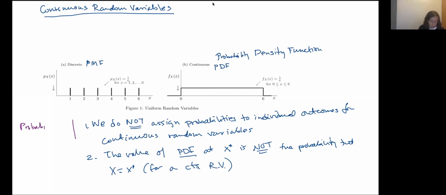Probabilities are assigned to intervals.